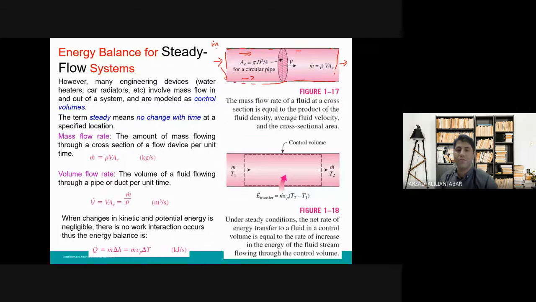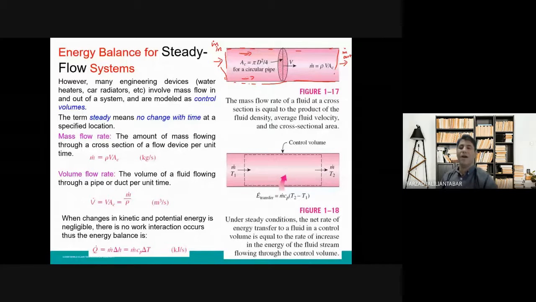If we have m dot in and m dot out, for a steady flow system, m dot in is equal to m dot out. In other words, the mass flow rate remains constant during this flowing process in our control volume.